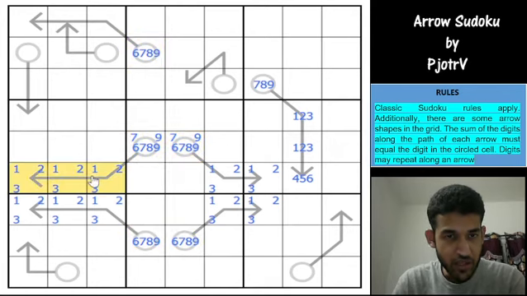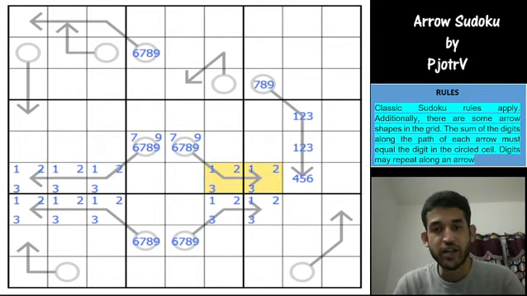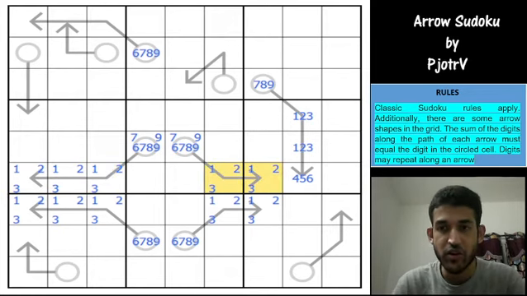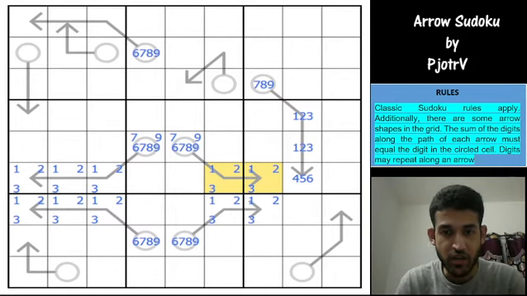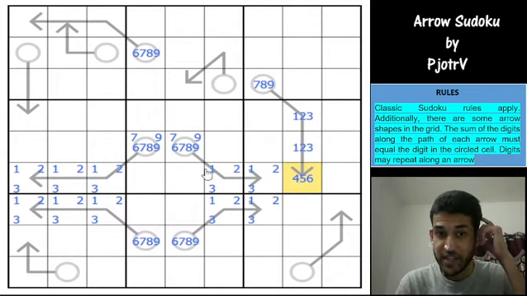And there is only one possibility to get to 16 with 5 digits, and that is going to be 1 plus 2 plus 3 plus 4 plus 6. No other possibility. And when you have that, you need to have 7 and 9 in this row, right? 9 obviously can't go here. And because these cells are 1, 2, 3, 4, 6, 7 and 9 would have to be here in these two cells. But this is already 4, 5, 6, which means that you cannot have 16 from these 5 cells.